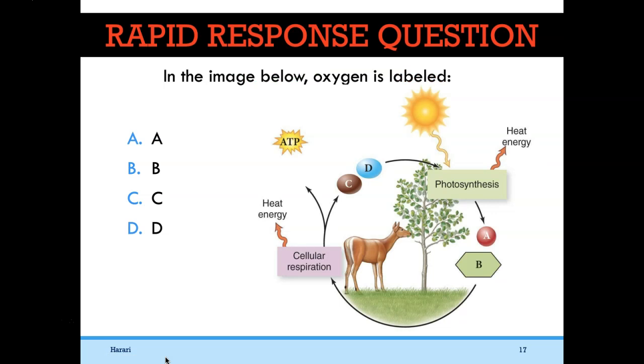So pause here and try to see where oxygen is labeled in this image. The answer is A. Right, so this is a good figure that you could expect on the midterm, being asked to label A, B, C, and D in this image.